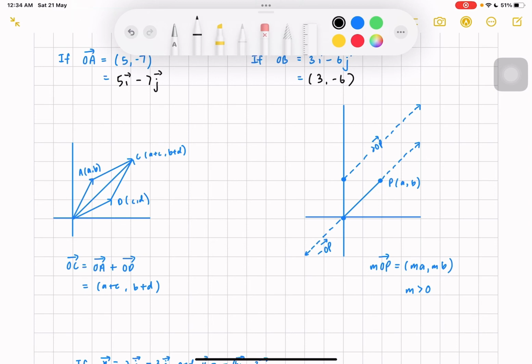Next, if we have OP here with coordinates of A and B, and we want to find 2 OP, all we have to do is multiply the scalar with the x coordinate and the y coordinate. So if we want to find 2 OP, we multiply A by 2 and B by 2. The same goes if we want to find negative OP. All we have to do is multiply A by -1 and B by -1 also.